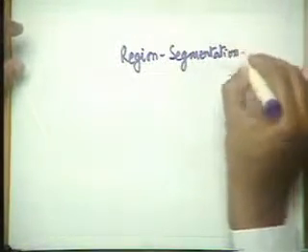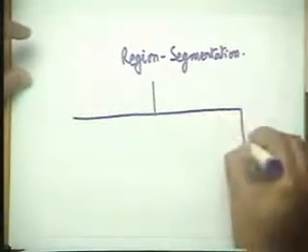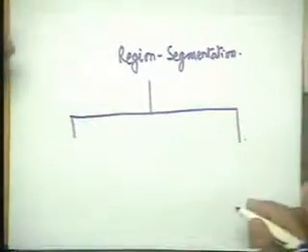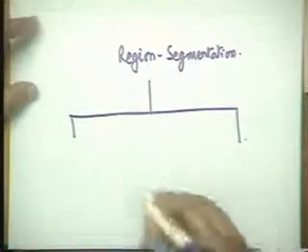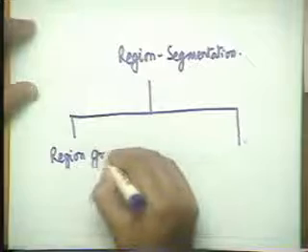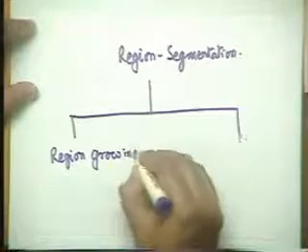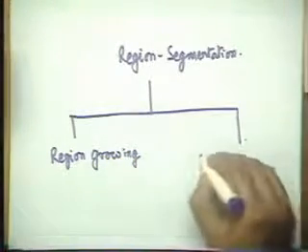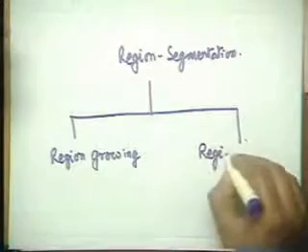We can have two distinct approaches towards region segmentation. One is what is known as region growing, and the second approach is region split and merge.